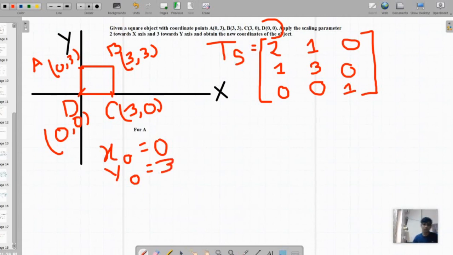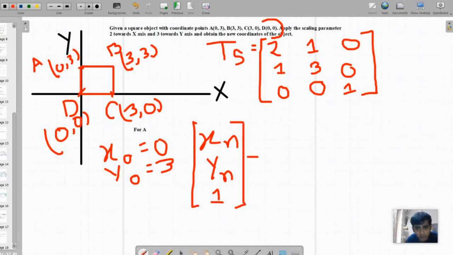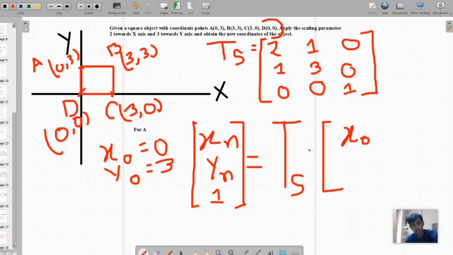To find the point after scaling, you need to multiply this scaling matrix with the input points. That means the vector x new, y new, 1 equals TS multiplied with x old, y old, 1.